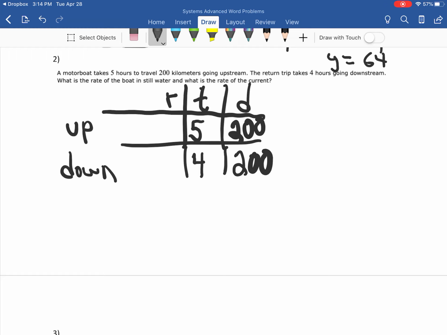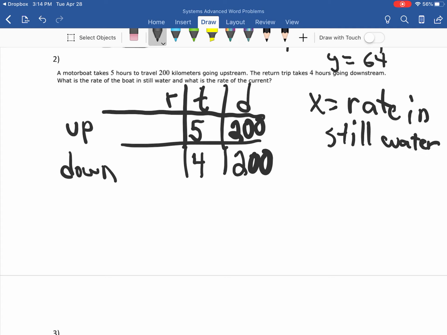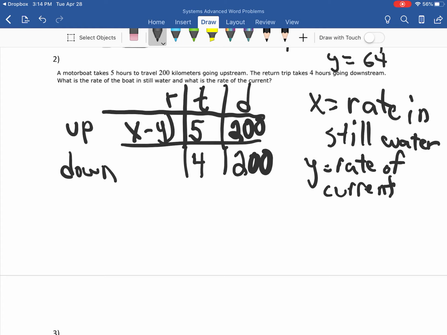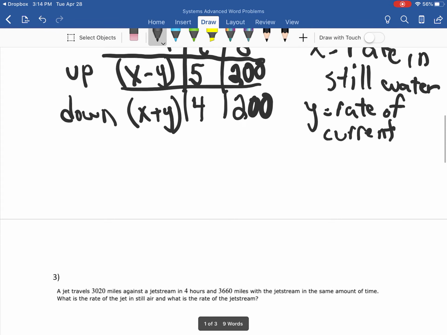So when you're going upstream, you're slowing down by a certain speed. So we're going to say x is rate in still water, y is rate of the current. Upstream you're slowing down, that's going to be x minus y. Downstream you're speeding up, the current will make your boat go faster, so that's going to be x plus y.